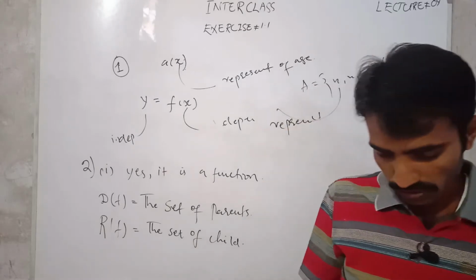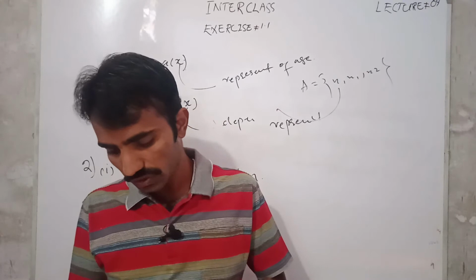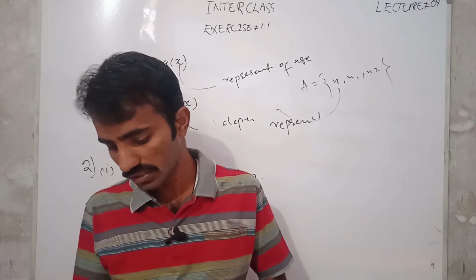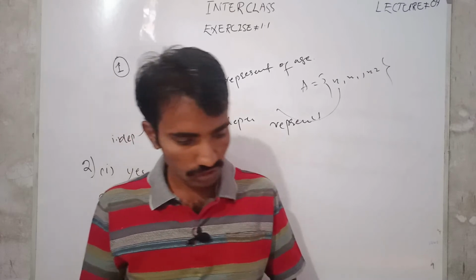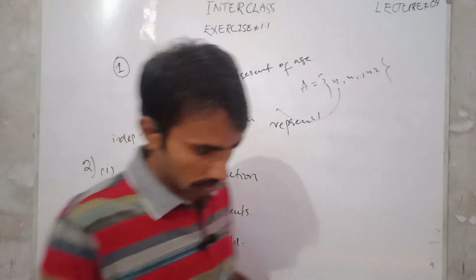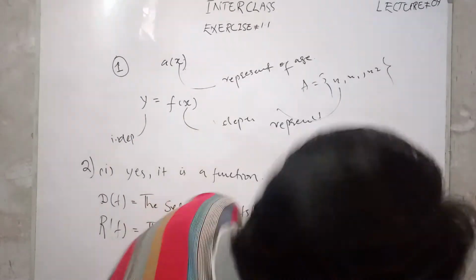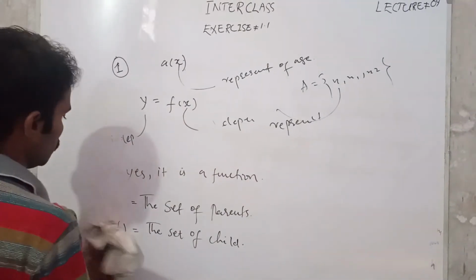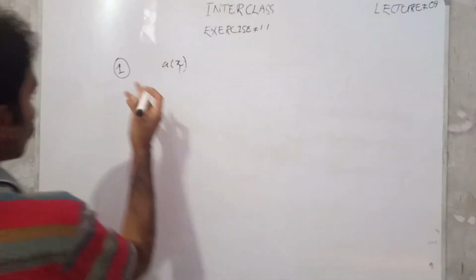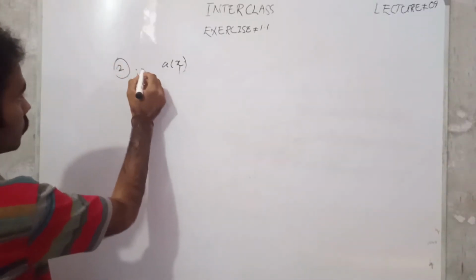Now in question number 2, part 2: for each human being x, f of x stands for the age of x. In the same question it is asking first whether it is a function or not, and later the domain and range.